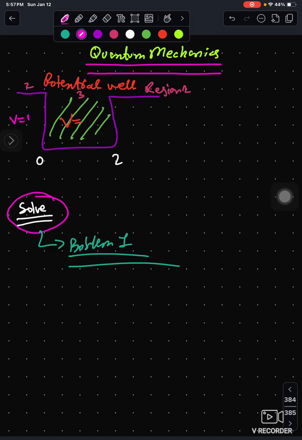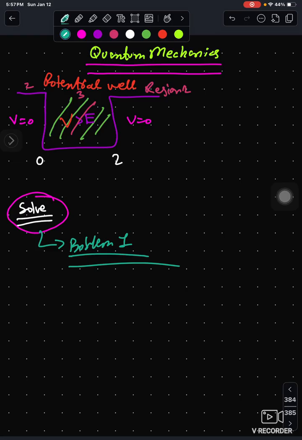In these regions, the potential equals 0. But in between, the potential is more than the energy.